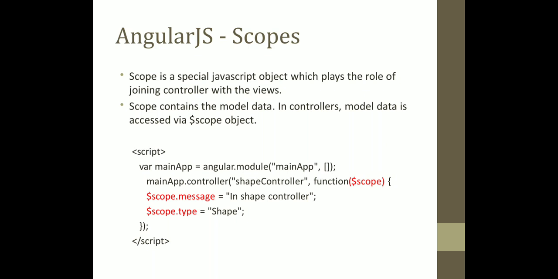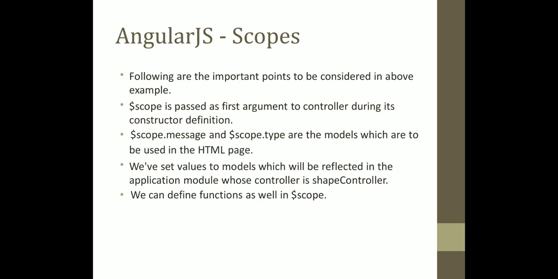So $scope.message equals something in shapeController, and $scope.type will be shape. So we'll see about this.